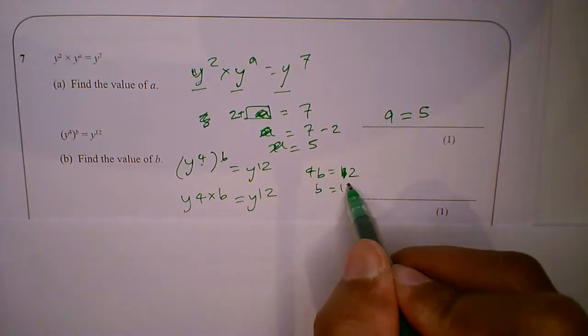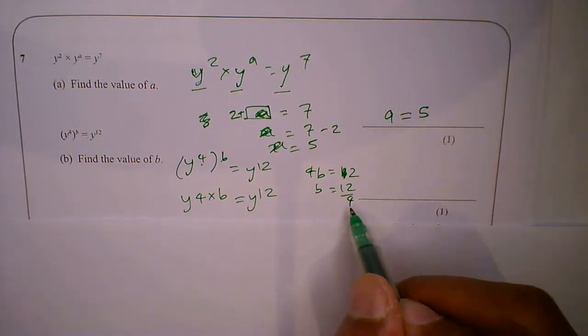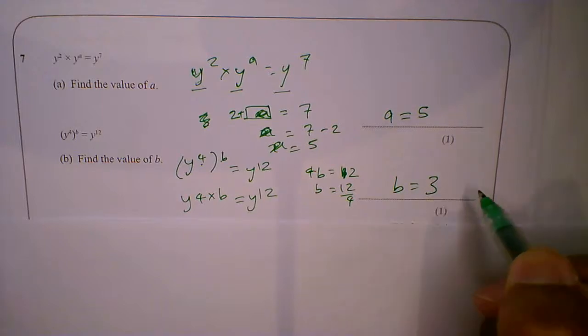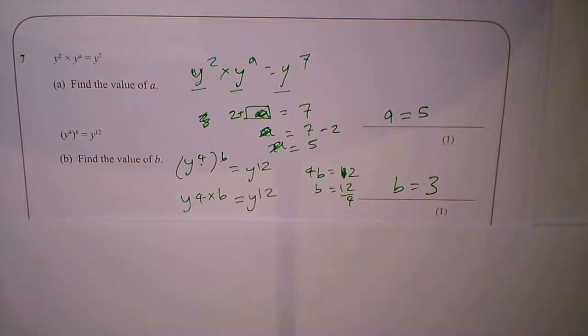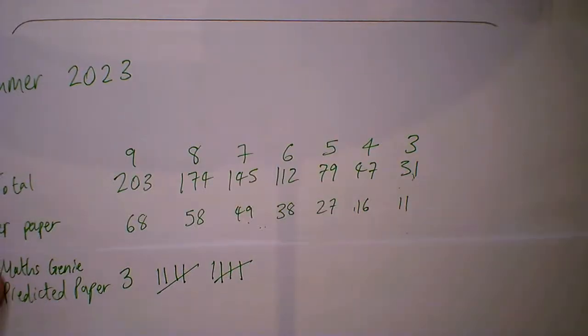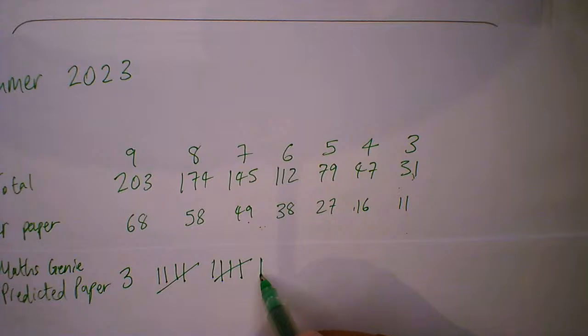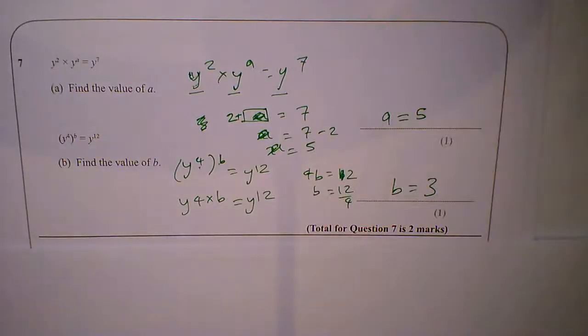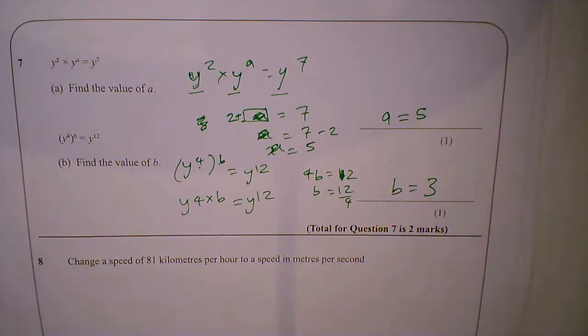So b must be 12 divided by 4, which is 3. Nice questions there. So let's add the 2 marks to our tally. 1, 2. So we have banked our grade 3. Let's work towards our grade 4 now.